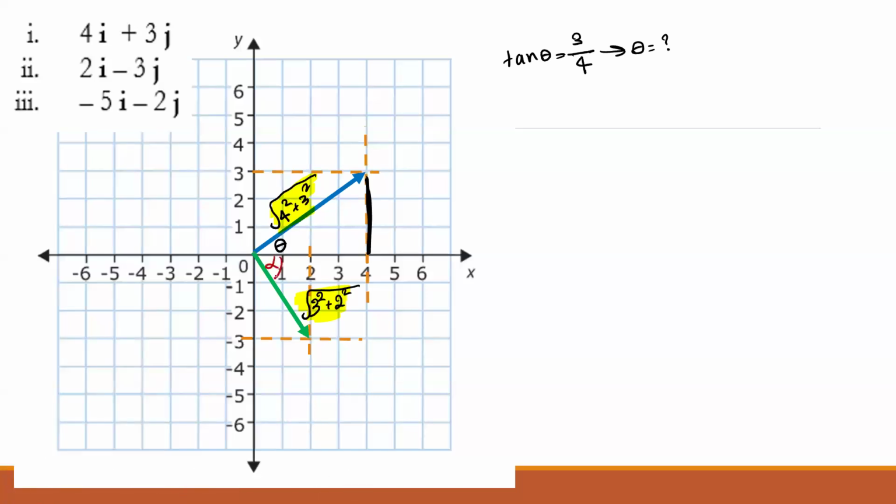So you can find this angle, tan alpha, as opposite over adjacent. Opposite is 3, adjacent is 2, so alpha is tan inverse of 3 over 2.